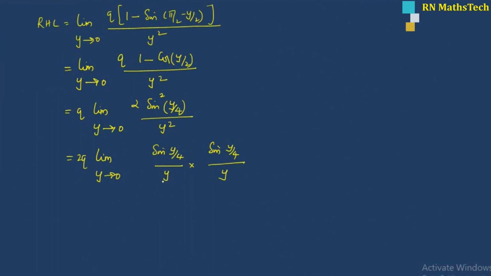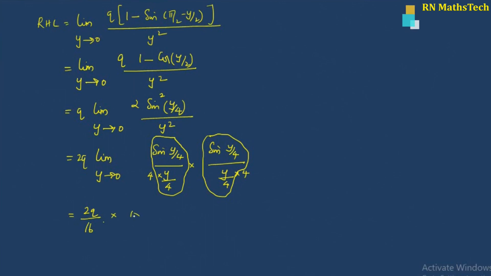Now we multiply and divide the numerator and denominator by 4, also here by 4. So this limit, sin y by 4 divided by y by 4, becomes 1, and also this limit is equal to 1. So here 2q divided by 4 into 4, 16, into 1 into 1, that is q by 8.